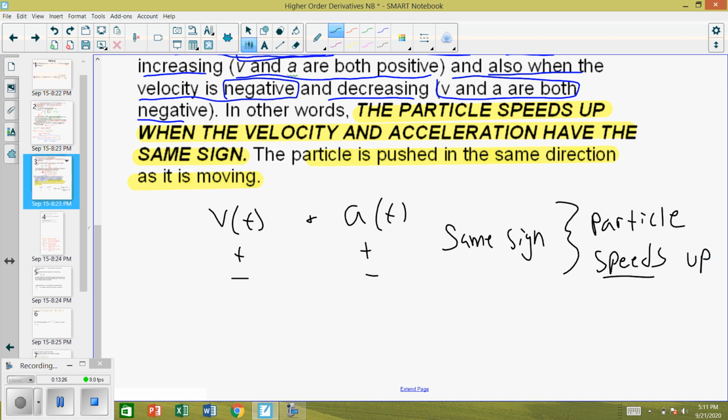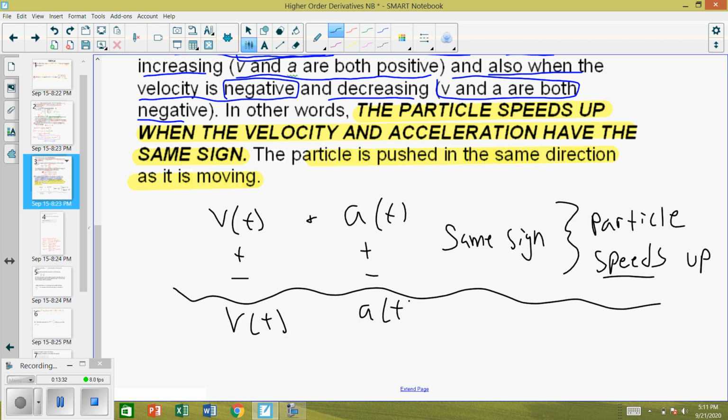Now, the opposite: if we have V of t and A of t and they have opposite signs, so positive, negative, or negative, positive. Okay, so they have opposite signs.